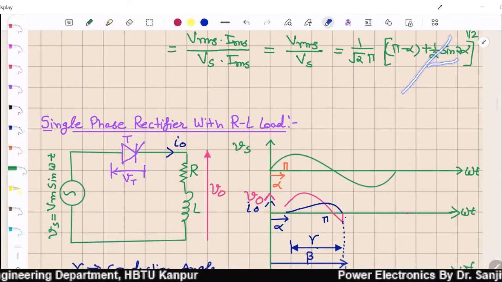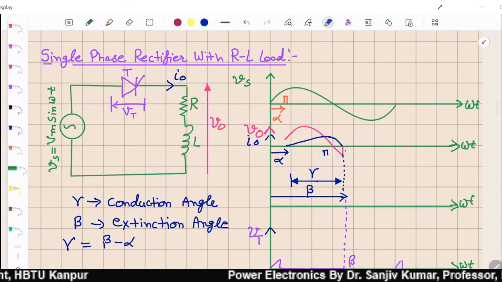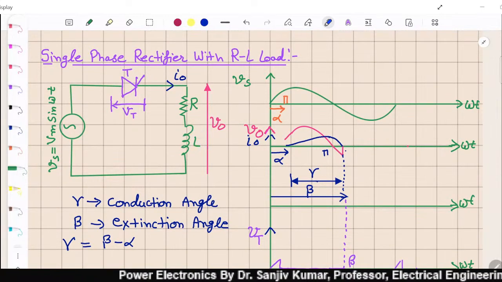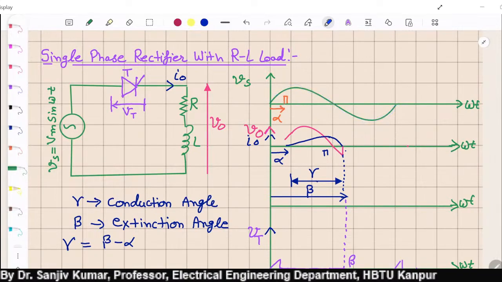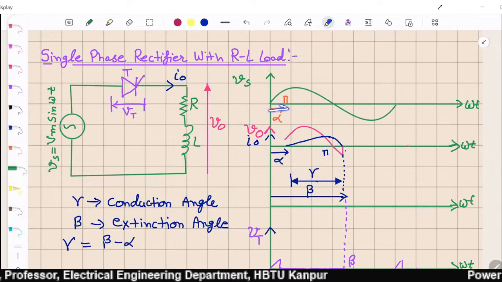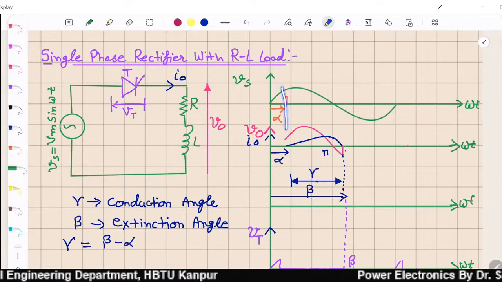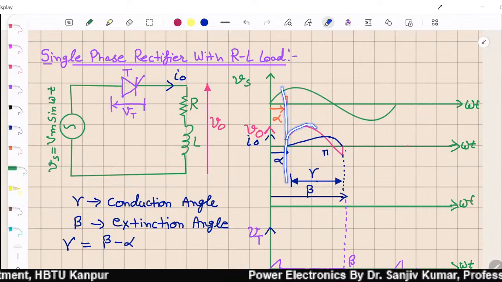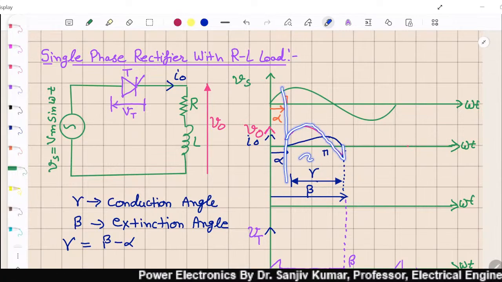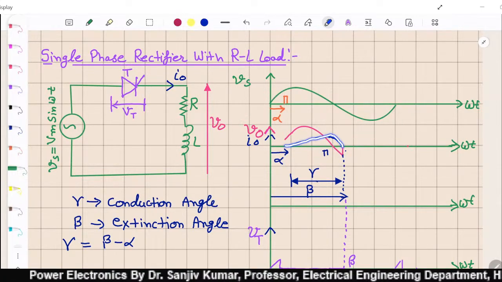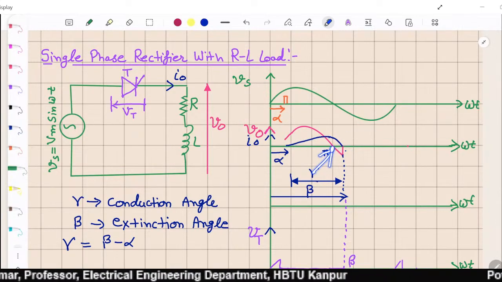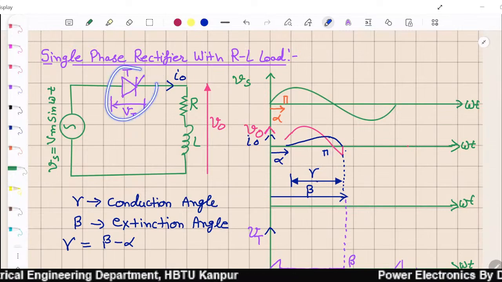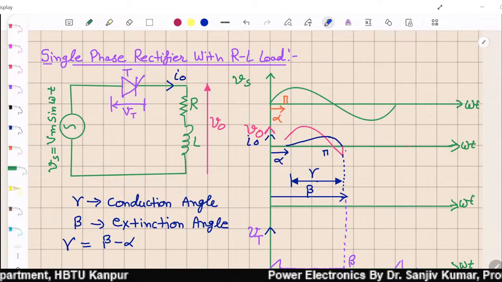square, right? And if it is an RL type load, this is our source voltage. We trigger the device at an angle alpha. The moment you trigger, output voltage starts to come, and this is your current. You can see at angle pi, the device applied voltage is negative.